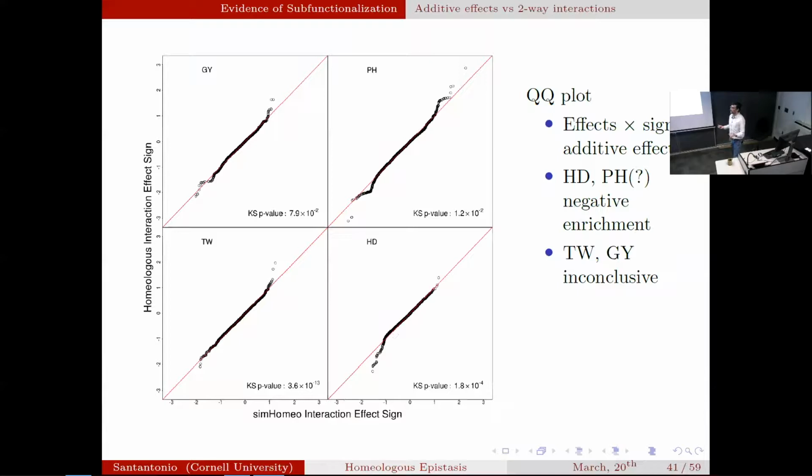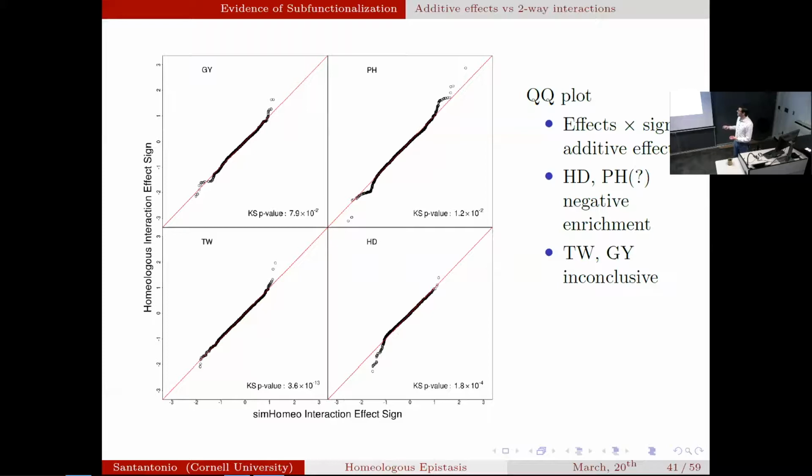And so what I did was I plotted those epistatic or interaction effects from the true data and the additive only simulated data. And if there's no effect, we should not see any deviation from this diagonal line. And I multiplied them by their additive effect sign, so that if they have a negative relationship, they should have a low tail here, and if they have a positive relationship, they should have a tail here.